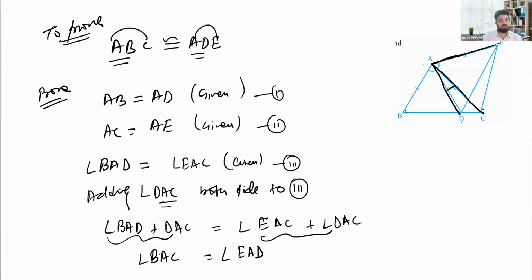So BAC is equal to EAD, and this is the fourth equation.